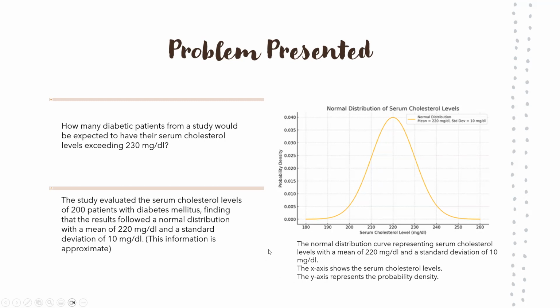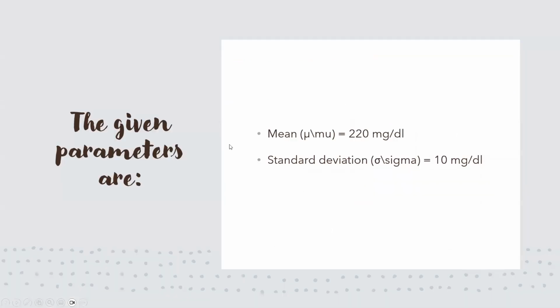So let's start analyzing it. The given parameters are the mean, mu, which is 220 milligram per deciliter, and the standard deviation, sigma, which is 10 milligram per deciliter. Remember these figures now.